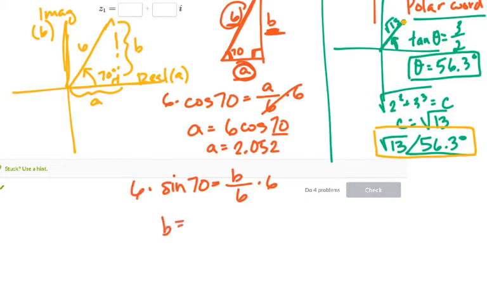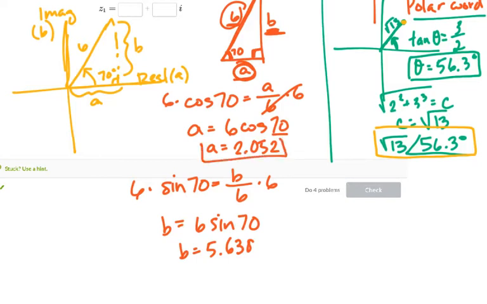So B will equal 6 times the sine of 70. So I'm going to plug this into my calculator, making sure I'm in degree mode still because I'm using degrees. So I type in 70, I hit the sine button, and then I'm going to multiply that by 6. So my calculator says 5.638.